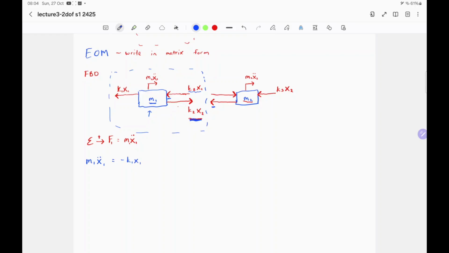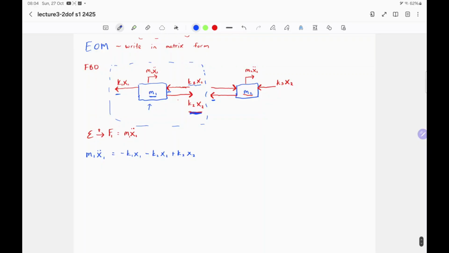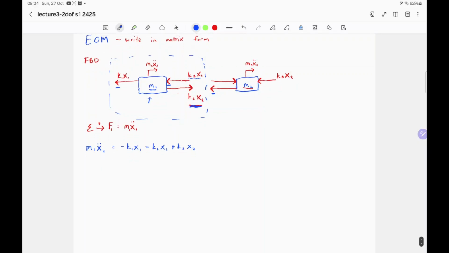Because k1 x1 is moving to the left hand side, minus k2 x1, because k2 x1 is also to the left hand side, plus k2 x2. And we don't have anything else on mass number 1, so rearrange it. So m1 x double dot 1 plus k1 x1 plus k2 x1 minus k2 x2 is equal to 0.